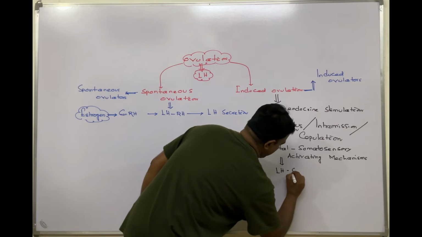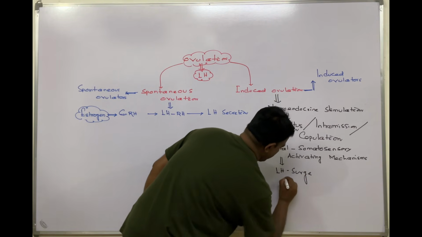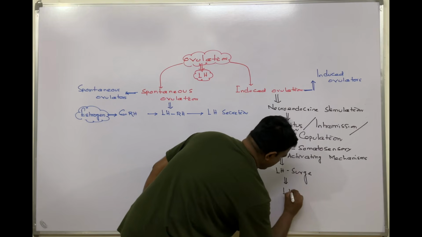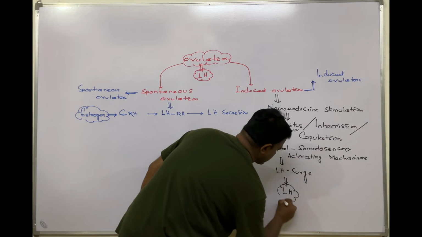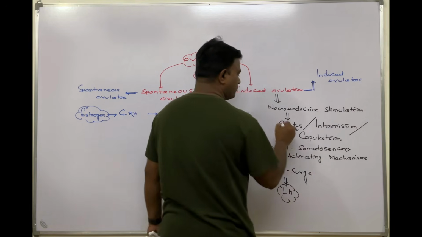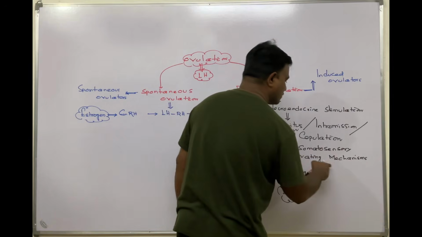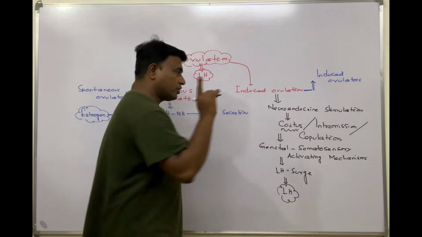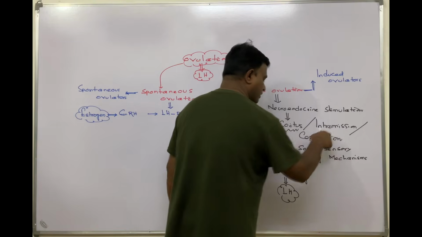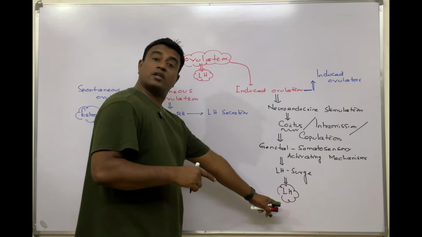This LH surge now releases the hormone LH. That means without this genital somatosensory mechanism, which is due to coitus or intromission, the LH is not going to be secreted.